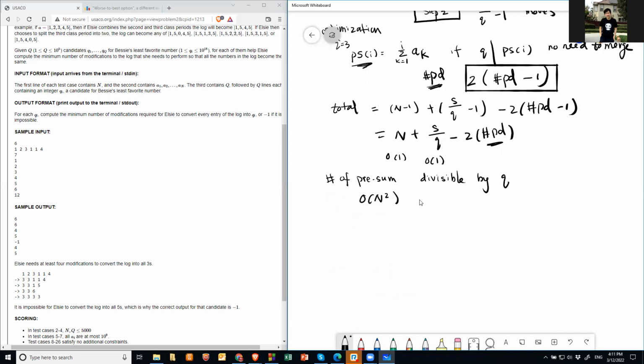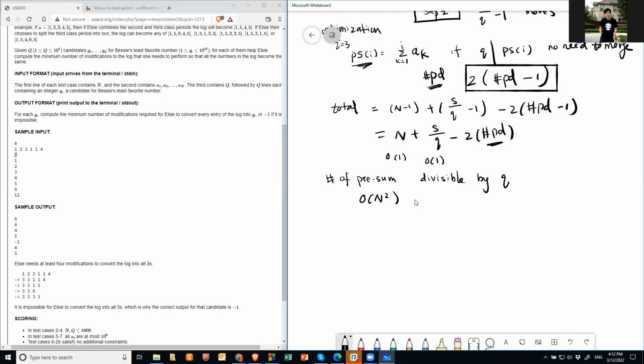So I do a for loop, for each one of them, I calculate how many they have, right? So the pre-sum, of course, you calculate once. For each Q, you loop through the pre-sum, and you have Q of them.